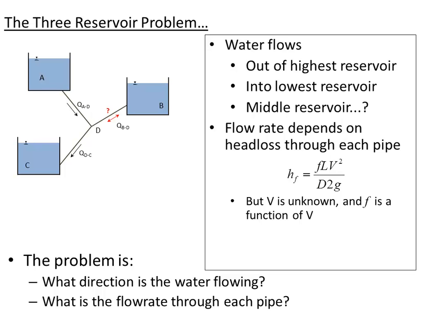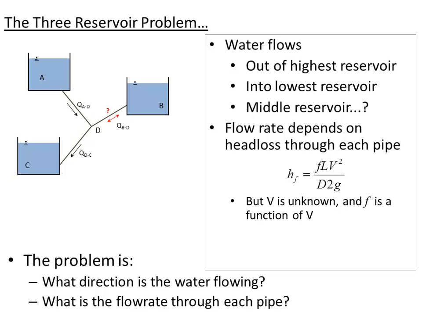So for example, if I said the head at D is the head at C plus the head loss between D and C. So that just means that the amount of energy that there is at D, there's however much at C plus the losses that occurred in the pipe. Or another way of saying it is the head at C is how much head there is at D minus the head loss between D to C.